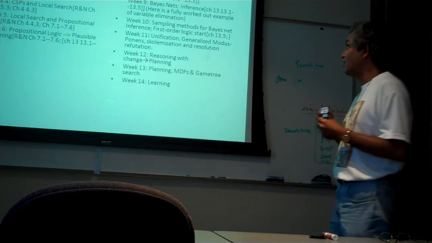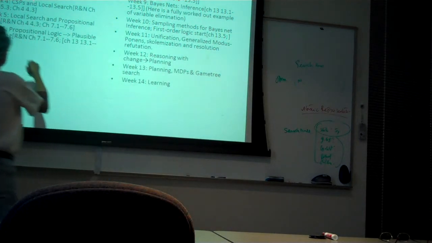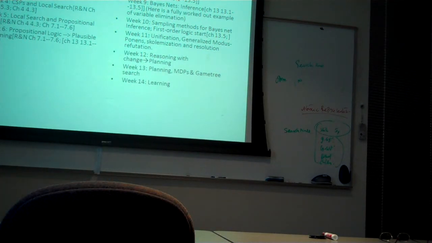So in 471, for example, for atomic representations, we understood how to do blind search as well as A star search. And then in weeks 4 and 5, there are topics on CSP. How many of you have done constraint satisfaction problems?